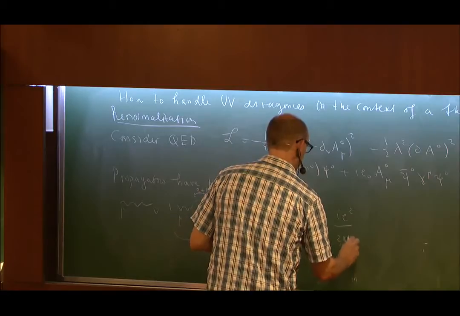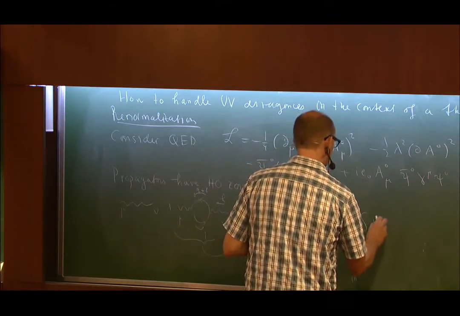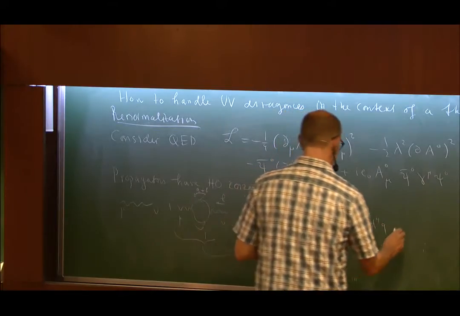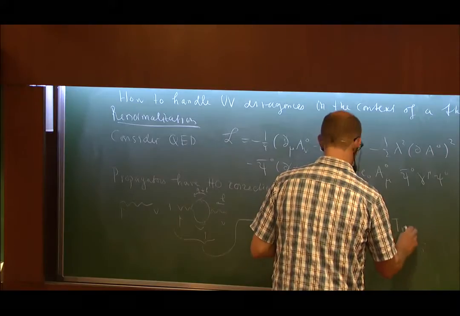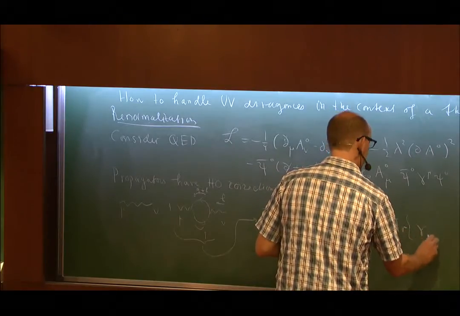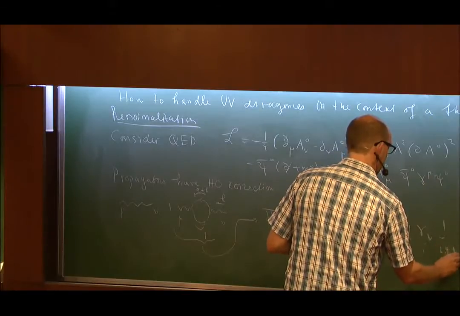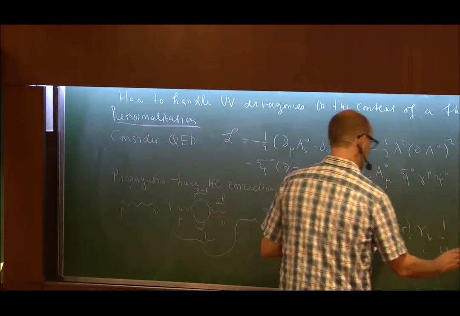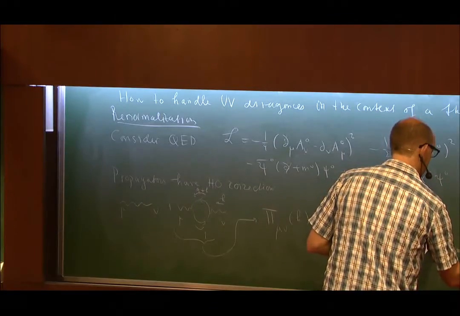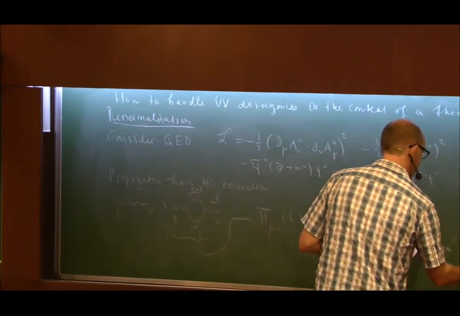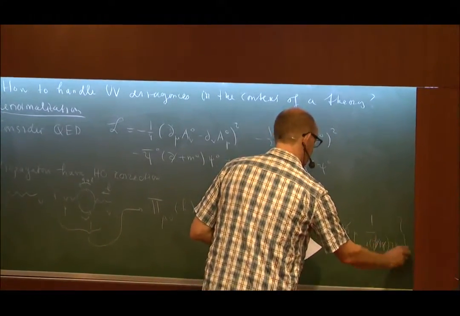Integral d^4q over (2 pi)^4, and I'll write it even in 4 dimensions, which I should really do differently. Trace of gamma nu, 1 over (i q slash plus m), gamma mu, 1 over (i (k slash plus q slash) plus m).